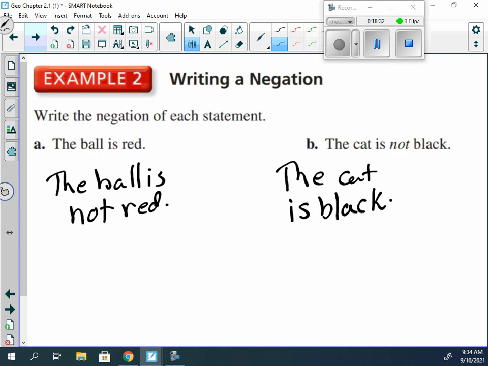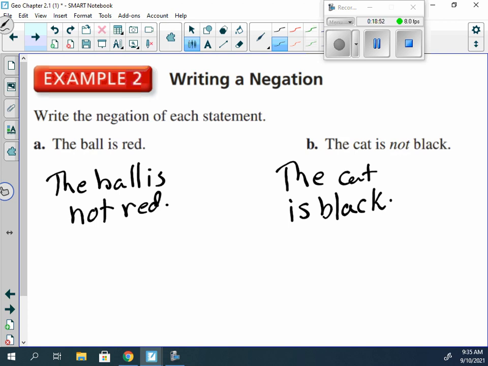The cat is black. Because we're just saying the opposite of it. So it says the ball is red. Well, we're going to say the ball is not red. It says the cat is not black. So the negation of it, the opposite of it, is the cat is black. So we're not trying to say that the ball is blue or green or any other color. We're just saying it's not red.